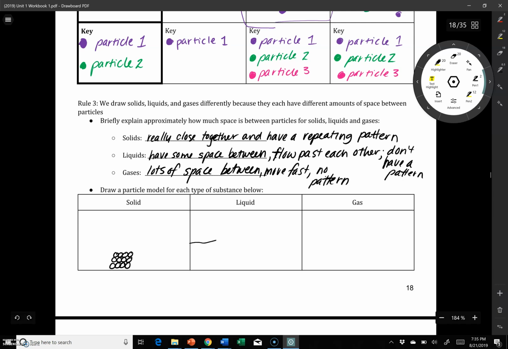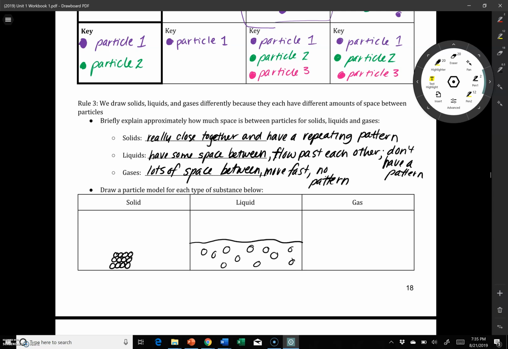Okay, liquids. I'm going to draw a line to indicate that this is now representing a liquid. So pretend maybe this is ice as a solid and then it melts and it's a liquid. They're closer together, but they do not have a repeating pattern. And I'm just drawing this so it's a little obvious. You're going to over-exaggerate some things when you do particle modeling, which is what this is.